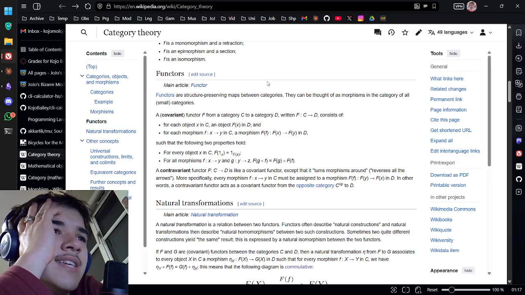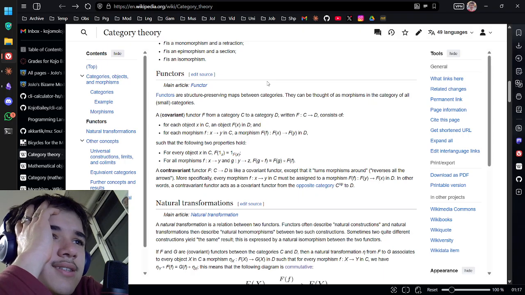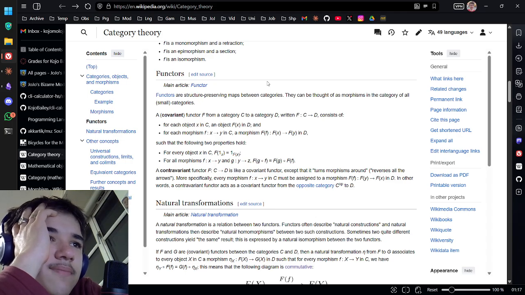Covariant is the default functor, I guess, and contravariant turns morphisms around, reversing all the arrows.